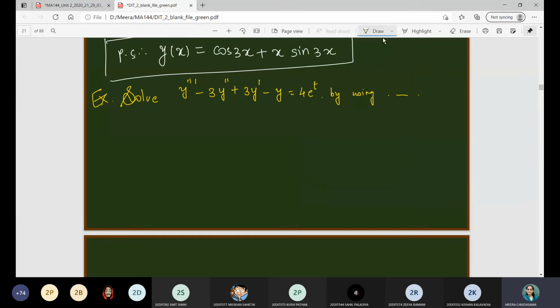What are the roots? 1, 1. Yes, 1 three times. So while writing the complementary function, you have to be very careful.